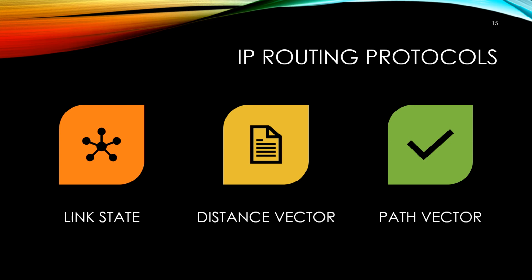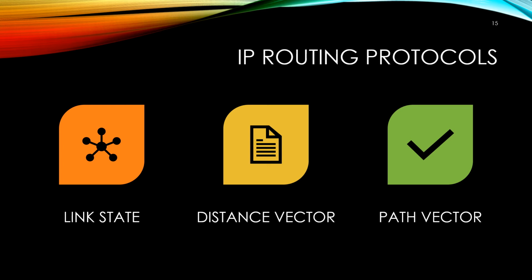So there are two ways to distribute the data through the network: by distributing vectors and by distributing the state of the link. There are link state protocols that rely on each router in the network to advertise the state of each of their links to every other router within the local routing domain.